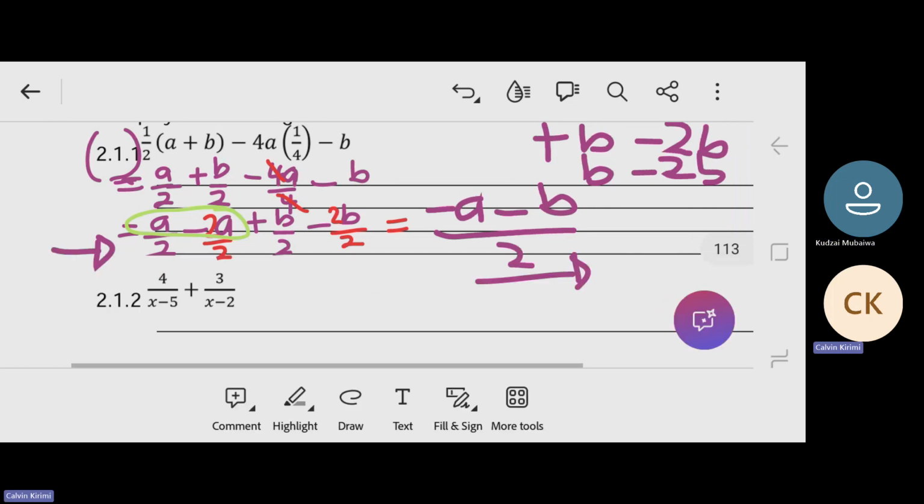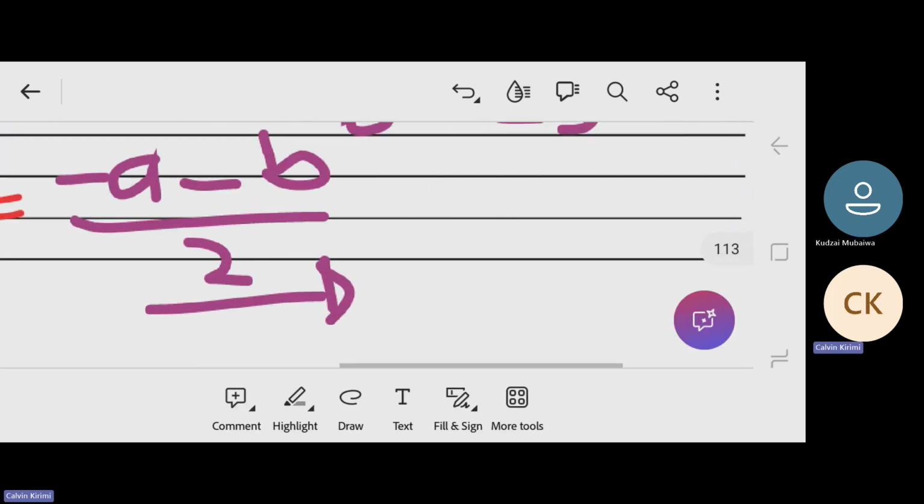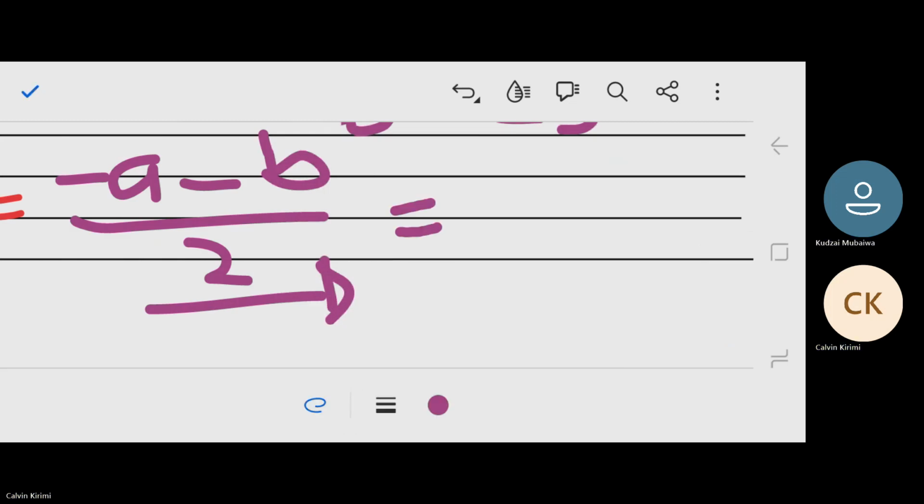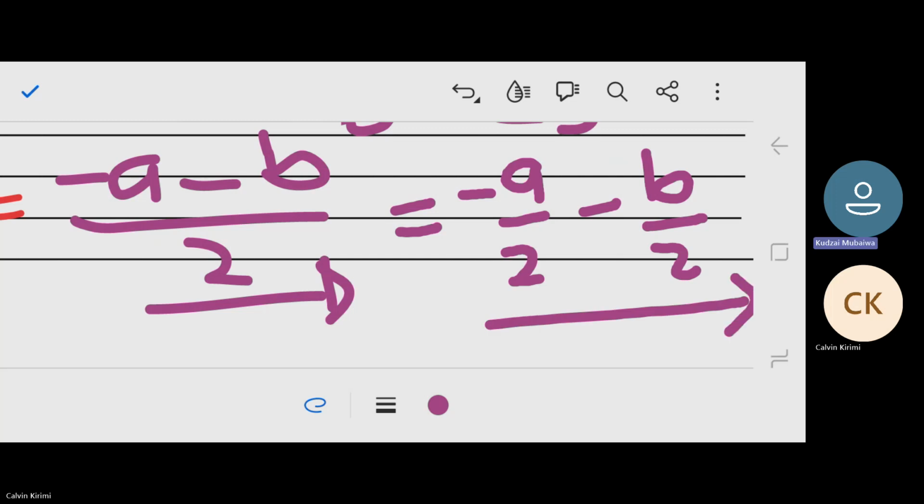If you want to simplify it further, you can say it equals minus A over 2 minus B over 2.